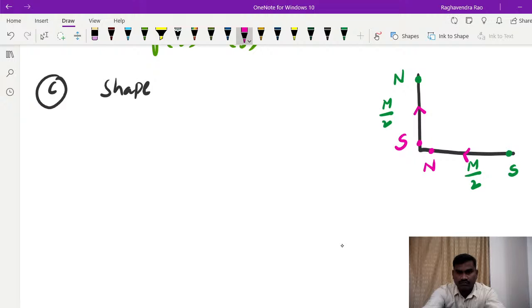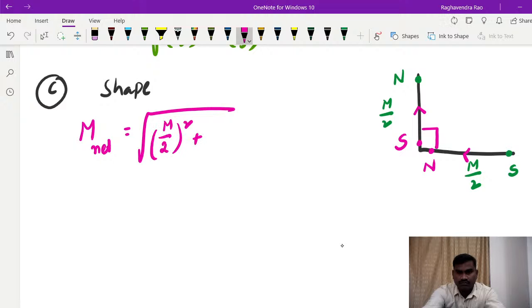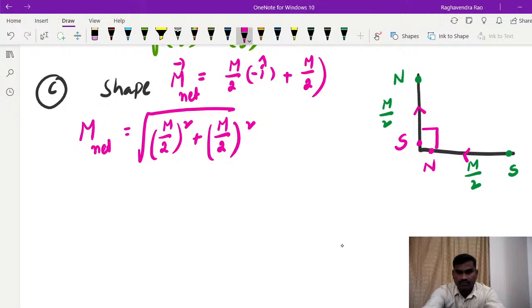Now the angle between these two is 90 degrees. Now we can write the net magnetic moment will be equal to root over M by 2 whole square plus M by 2 whole square. Otherwise in vector representation, M net is equal to, this is directed along negative x axis, so M by 2 minus i cap, plus positive y axis M by 2 j cap.